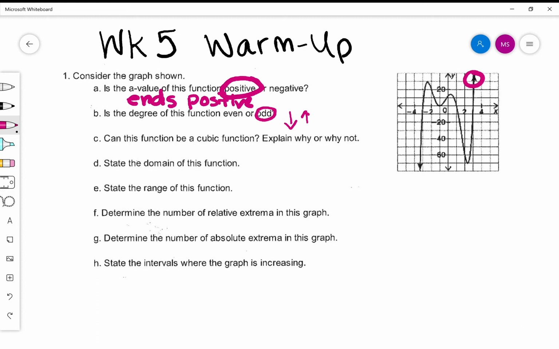All right, letter C. Can this function be a cubic function? Explain why or why not. Again, pause the video. All right, to answer this, you need to understand that a cubic function is raised to the third power.